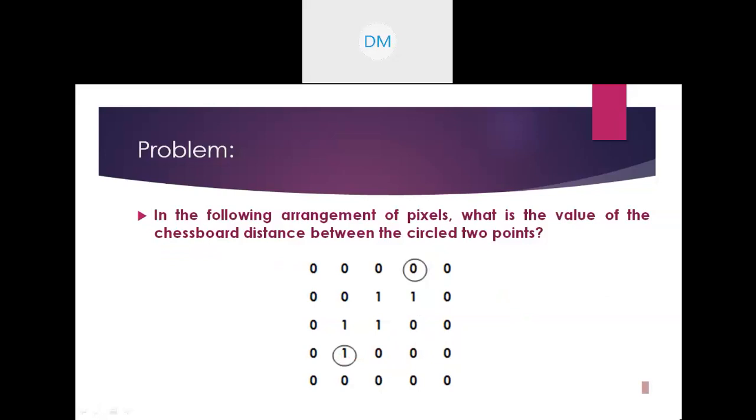When you see the image in front of you, you can definitely get the idea of how to calculate the coordinates and all. But when in the exam you are asked a question like this, the person evaluating the paper wants to check whether you have the idea of the equations and formulas.